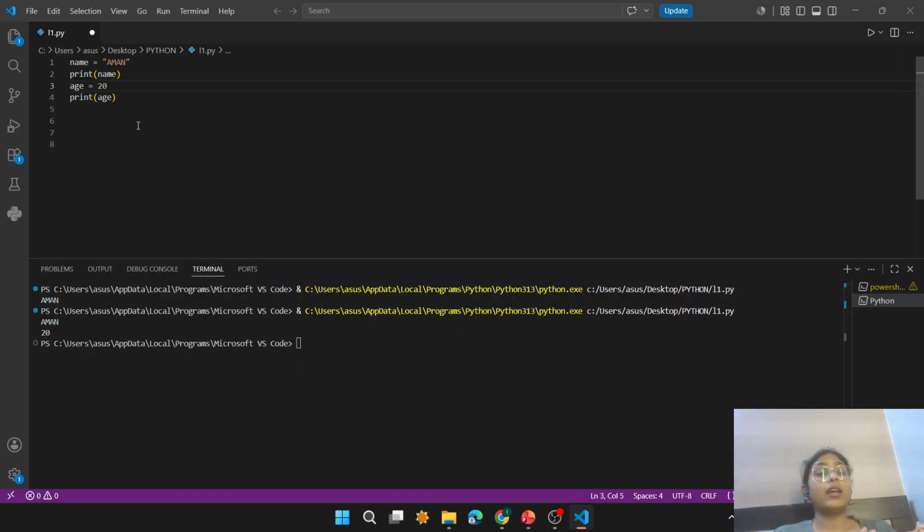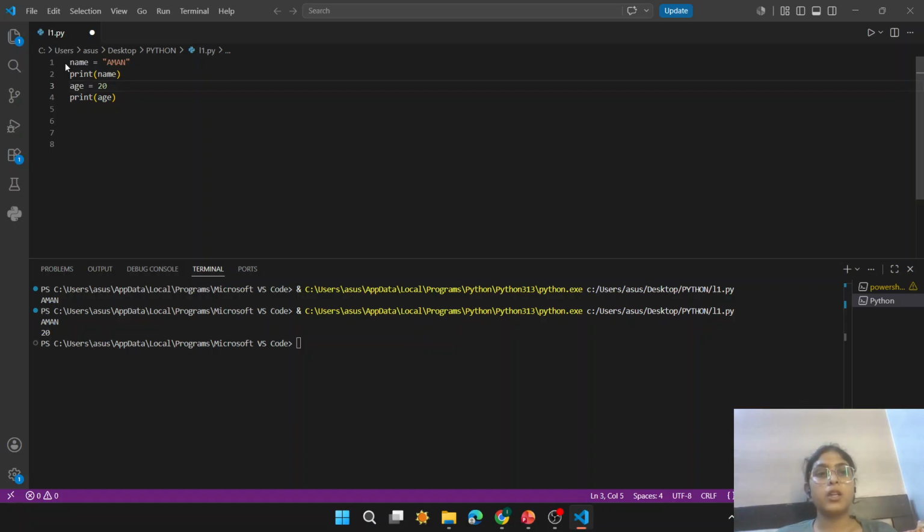Now you must be wondering why. One of the most important and major advantages of a variable is this. For example, I'm using the variable name in a long program, and I've repeated this variable about 20 times.